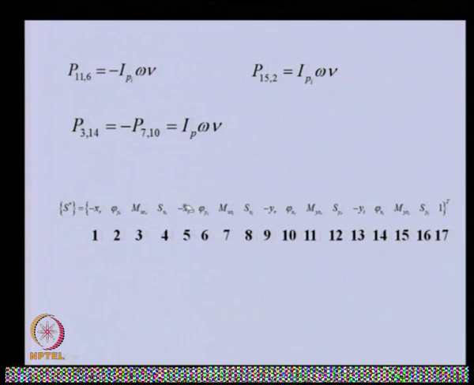The first 4 are real and the next 4 are the imaginary part of that. Similarly, in 9 to 16, the other 8 state vector elements will correspond to the zy plane, and the first 4 are for the real part and the next 4 are for the imaginary part.